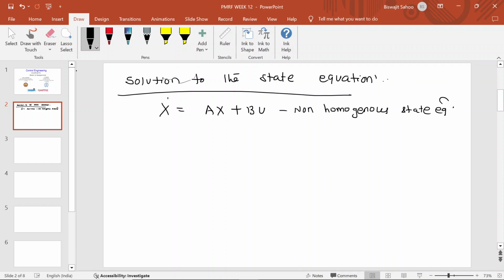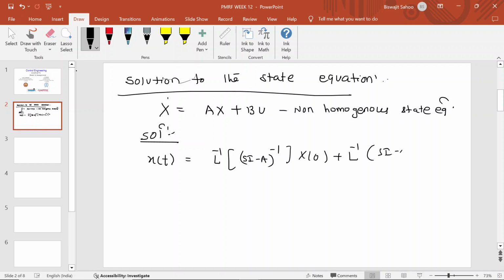And the solution for that is given by x of t in time domain, which is L inverse of (sI minus A) inverse into x of 0, plus L inverse of (sI minus A) inverse into B into U of s. This is the total solution for this non-homogeneous state equation.